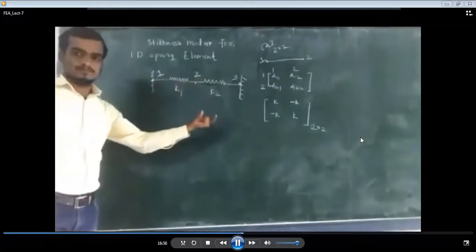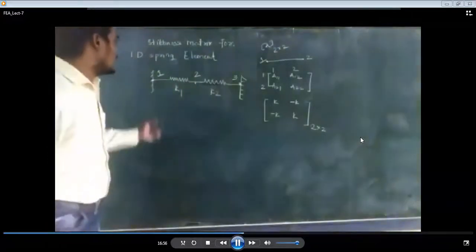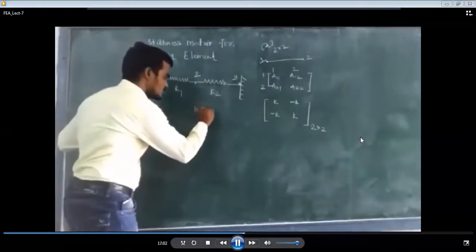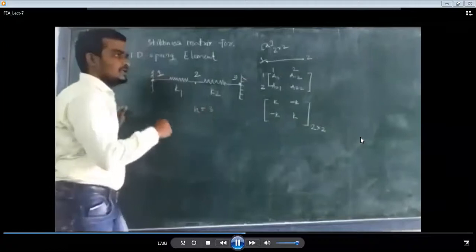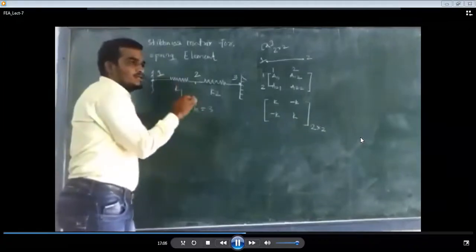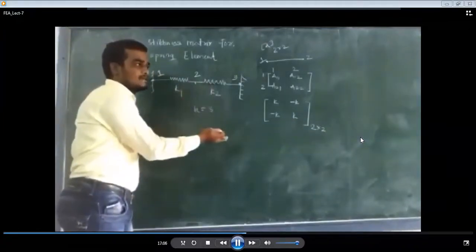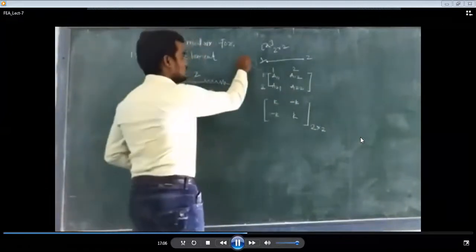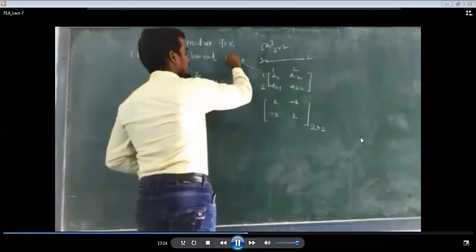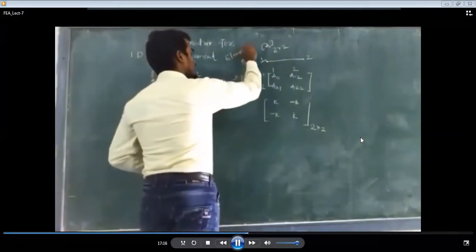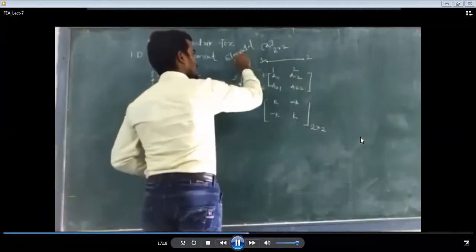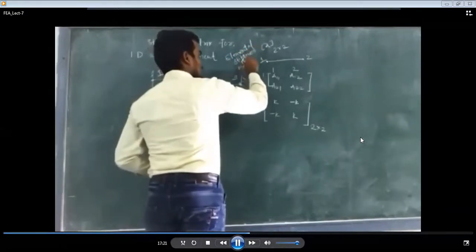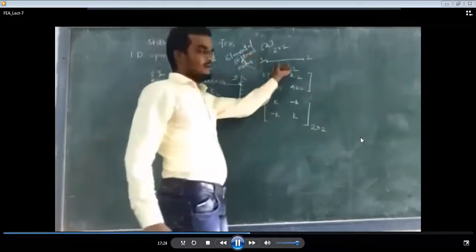There are three nodes 1, 2 and 3, so the matrix order will be 3 by 3. Here we will construct your global stiffness matrix, and it should be of order 3 by 3. First we need to construct the elemental stiffness matrix.